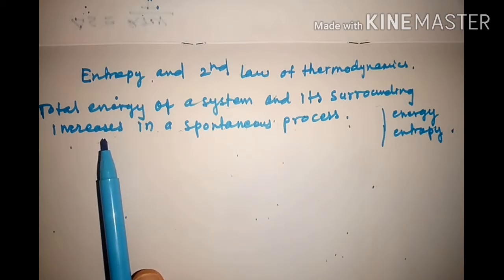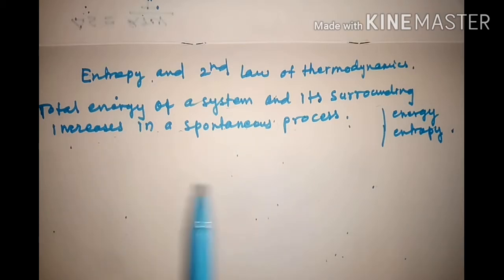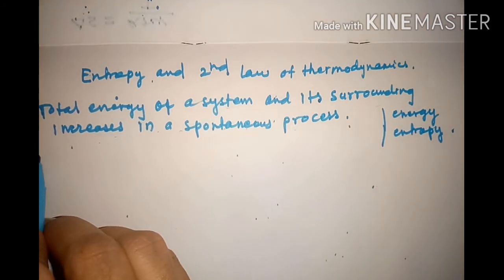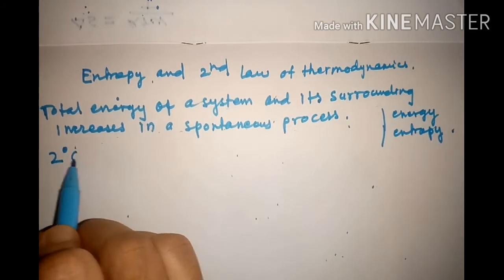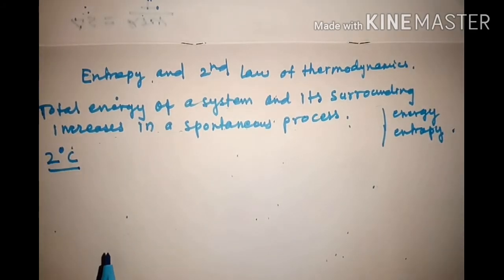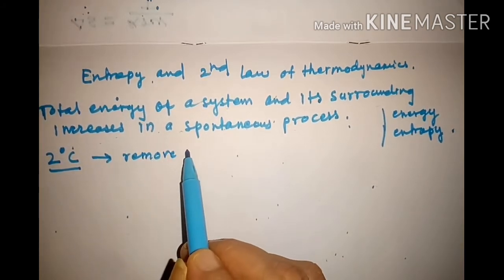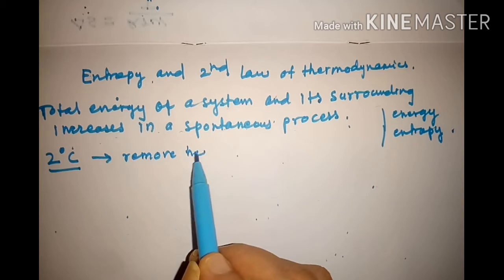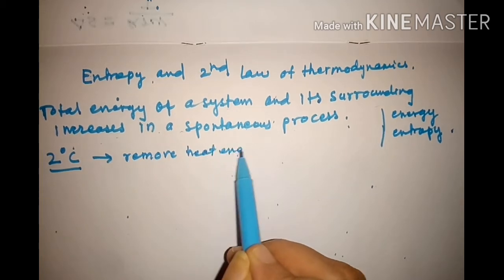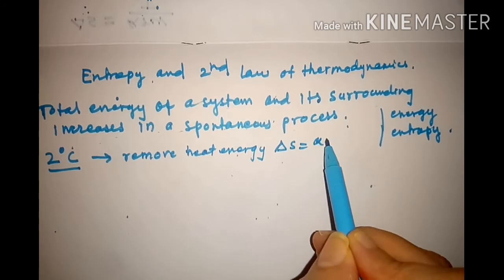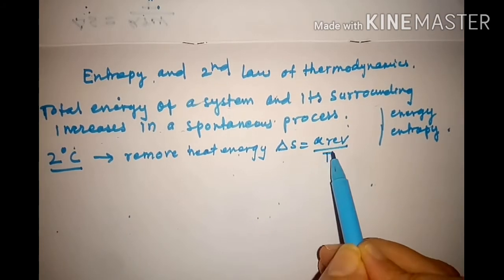I'll explain with some simple examples. If the system is at low temperature, like 2 degrees Celsius, and you are removing some heat energy from this system, then as you know, delta S is equal to Q reverse upon T, isn't it?